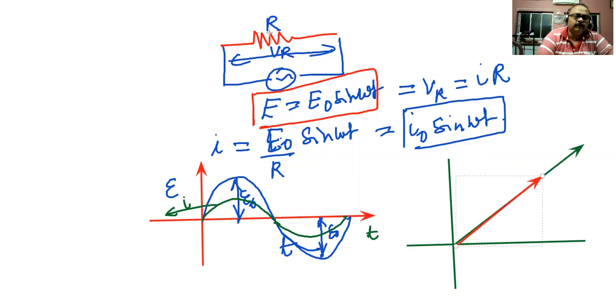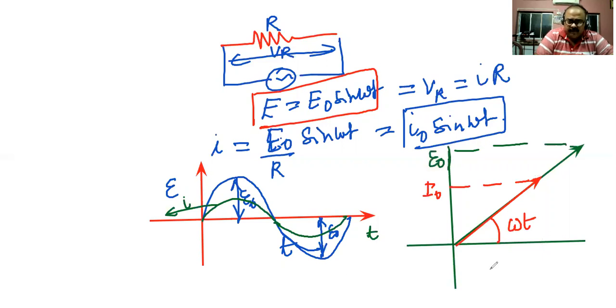The green one I can show you as the EMF, and the red one is the current, and both at any instant have an angle of omega t. This will be the I naught, and this will be your E naught. So this is the phasor diagram.